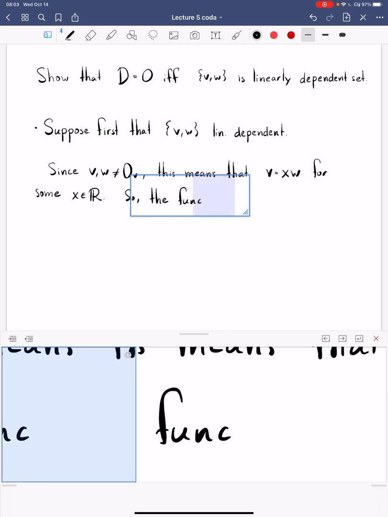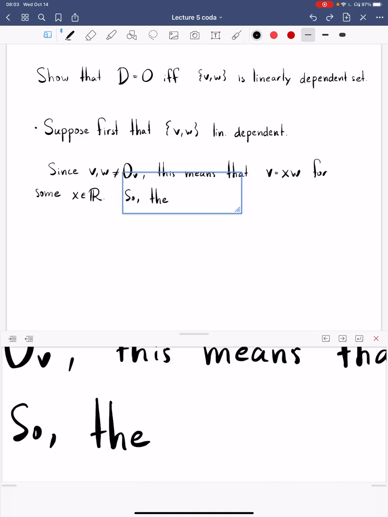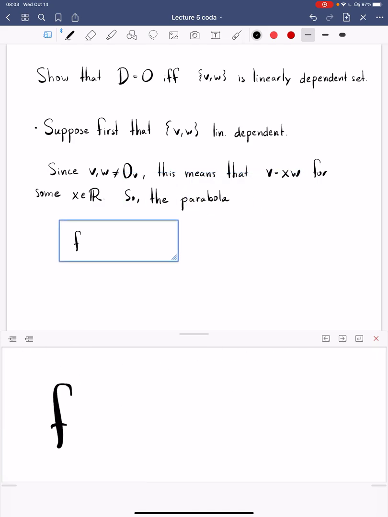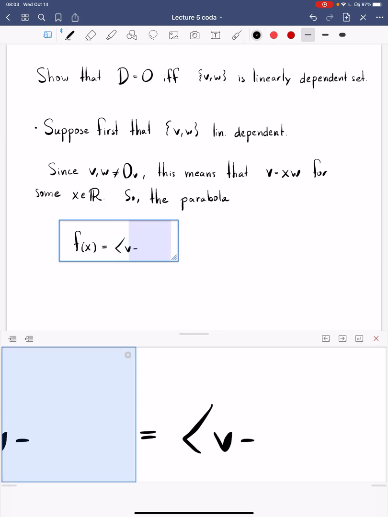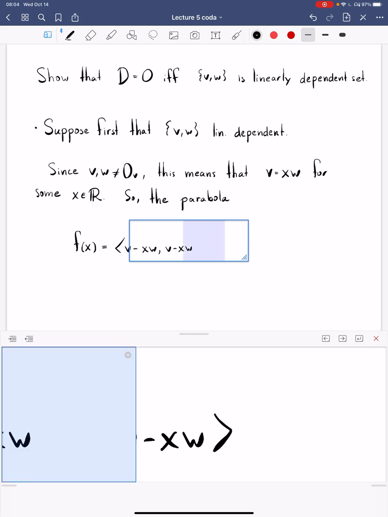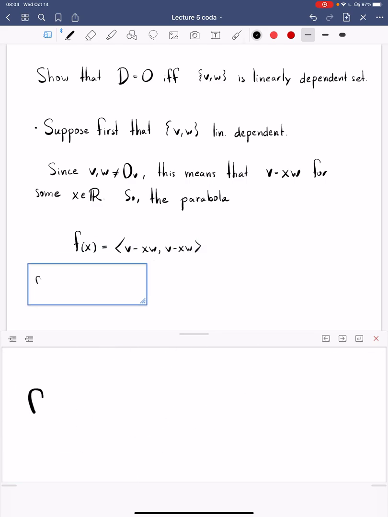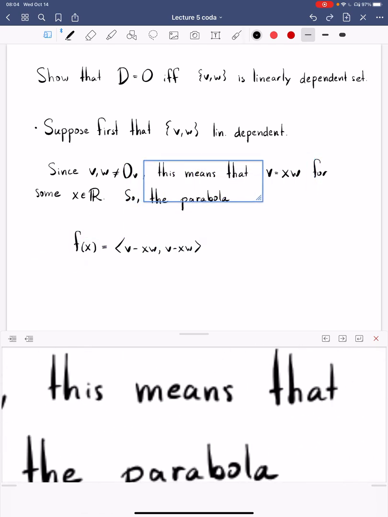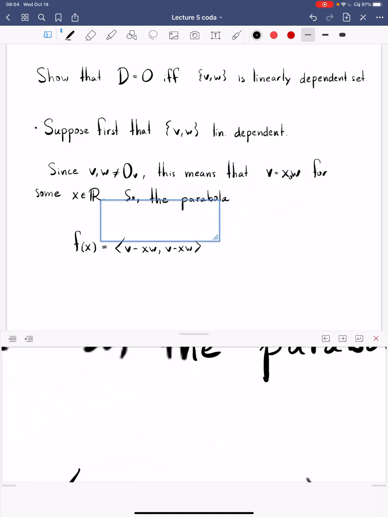And that means the function, let me call it the parabola, f of x equals scalar product of v minus xw with v minus xw. Let me call this x0, okay?